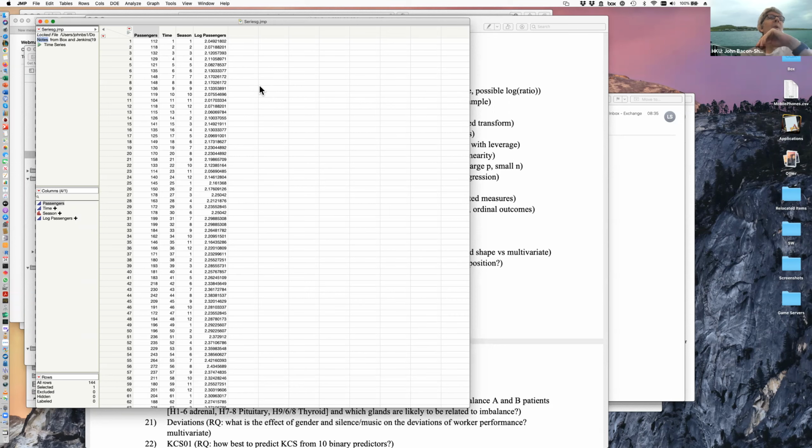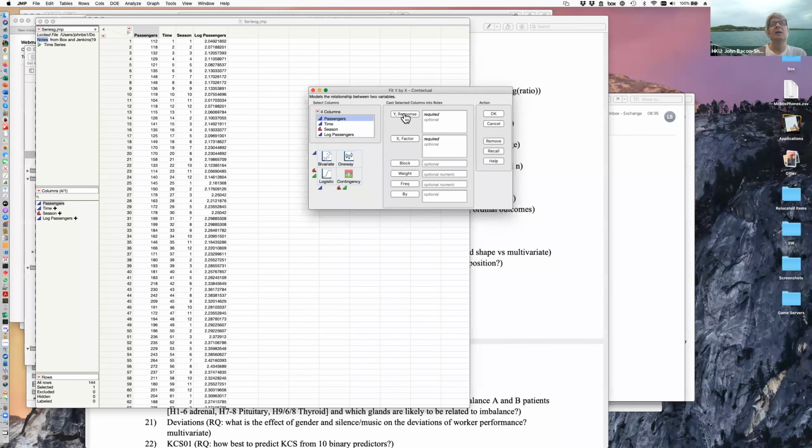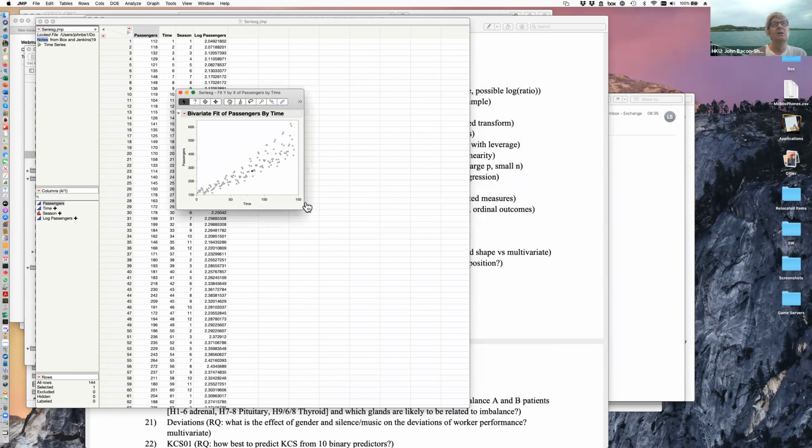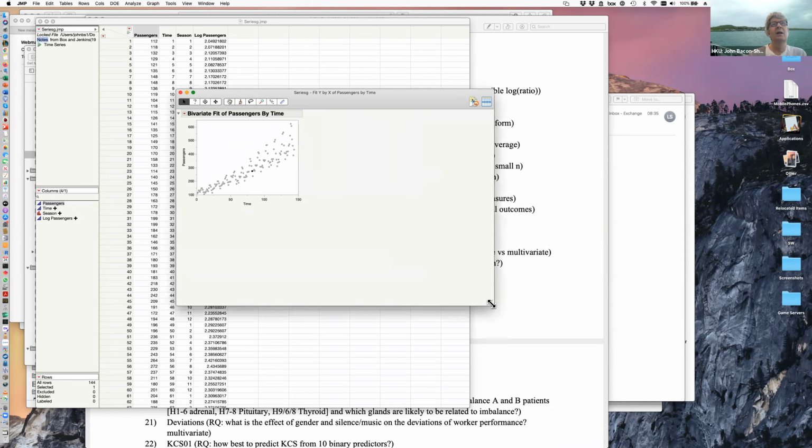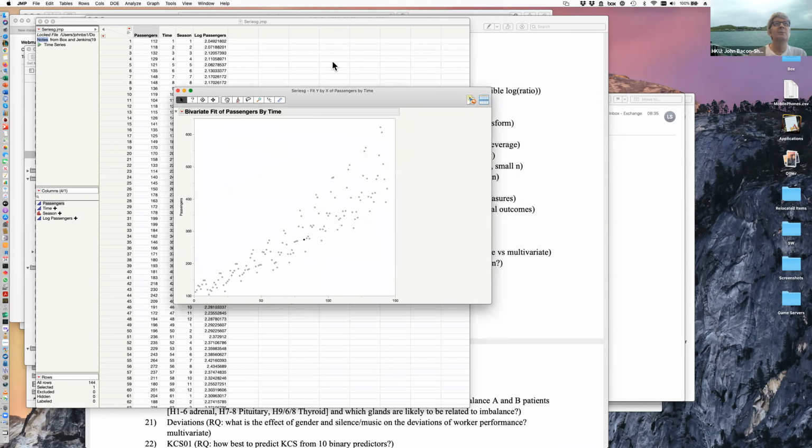So what we have here, just look at the first two columns to start with. This is data at 144 time points, where we have the number of passengers at those time points. So if we, for example, just did fit y by x and put passengers against time, you can see we get something that looks like this. So let me blow this up so that we can see it at a reasonable scale.